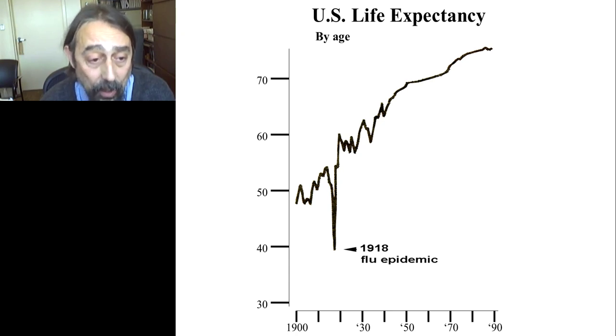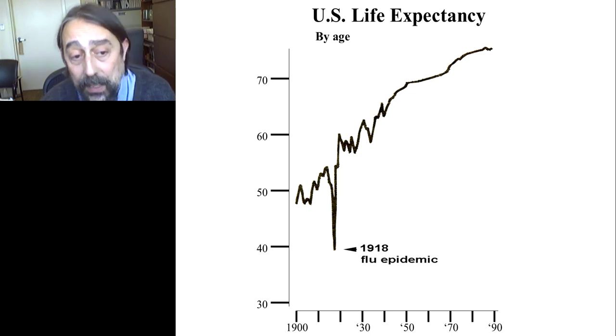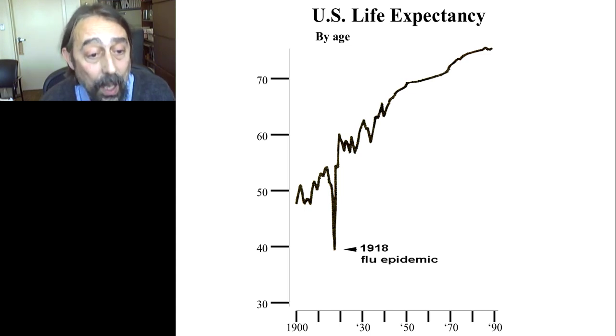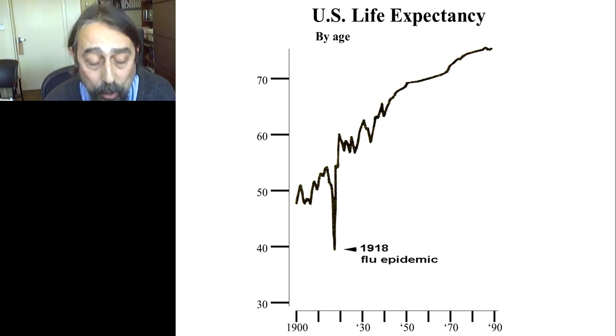That's because of modern medicine, the use of hygiene, antibiotics, better hospitals, etc. But there was an exception, this big dip of more than 10 years, and that was caused by the influenza virus. That was caused by the pandemic of 1918.